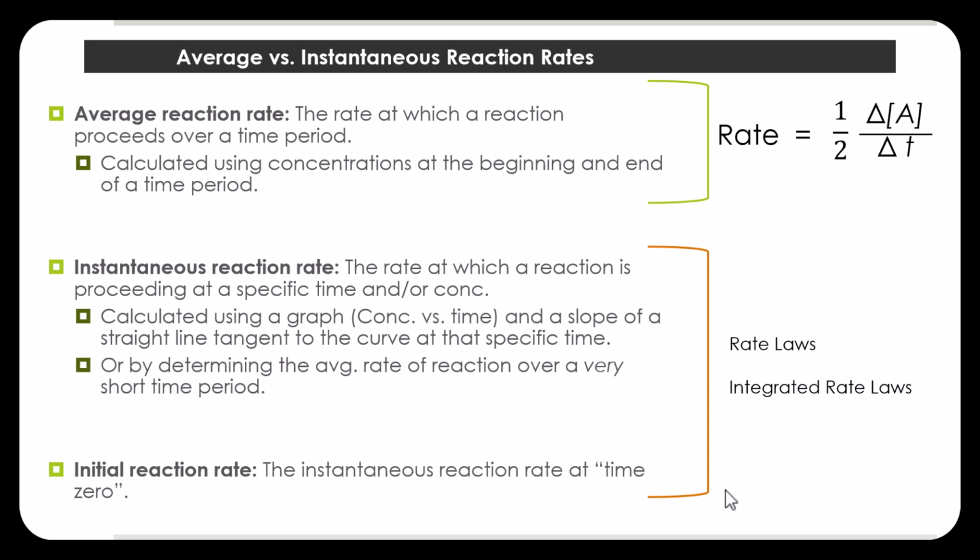That's to come. Don't sleep on average reaction rate. This is all that we talk about them. The rest of the videos, the rest of the unit, is going to be this instantaneous rate. But you will see average rate questions on your tests, so make sure you don't sleep on that. Make sure you come back to study it at a later date as well. I hope you guys found this helpful.